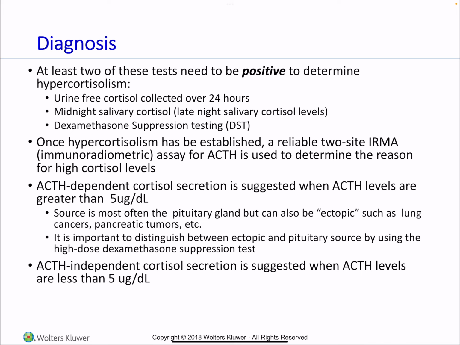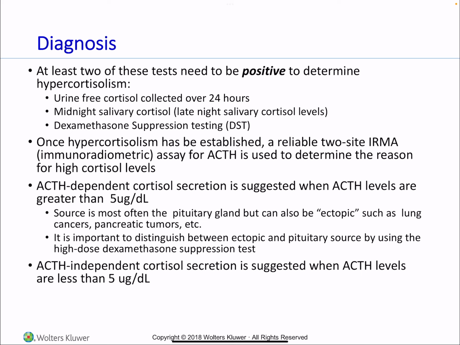So once hypercortisolism has been established, a reliable 2-site IRMA test or immunoradiometric assay for ACTH is typically used to determine the reason for the high cortisol levels. So whether it's ACTH dependent or independent, right? So whether the cause is ACTH or it's not.